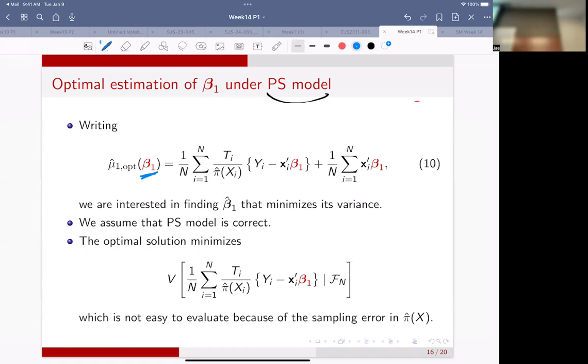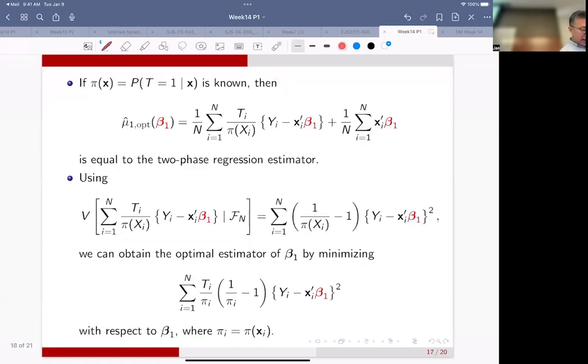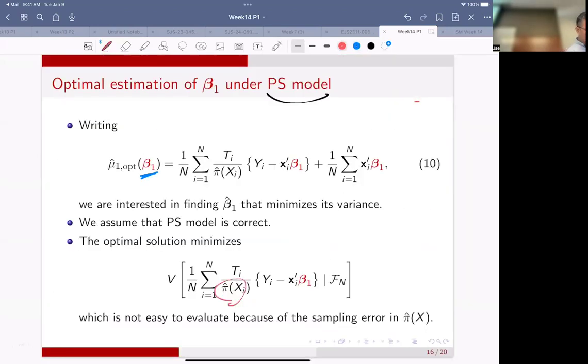But a really interesting question would be how to obtain the variance. What is the optimal estimator? Well, the problem is actually easy if pi is known. So this is the original problem, and this is a little bit difficult because of pi hat. It is just some pi hat.